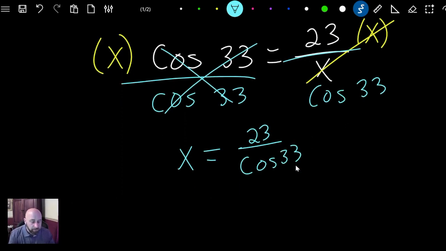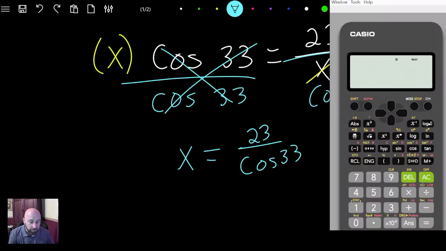Notice here, we've gotten x by itself, and now all we need to do is this math right here. Once we do that math, we will get the answer. So let's jump over to our calculator and go ahead and do that.